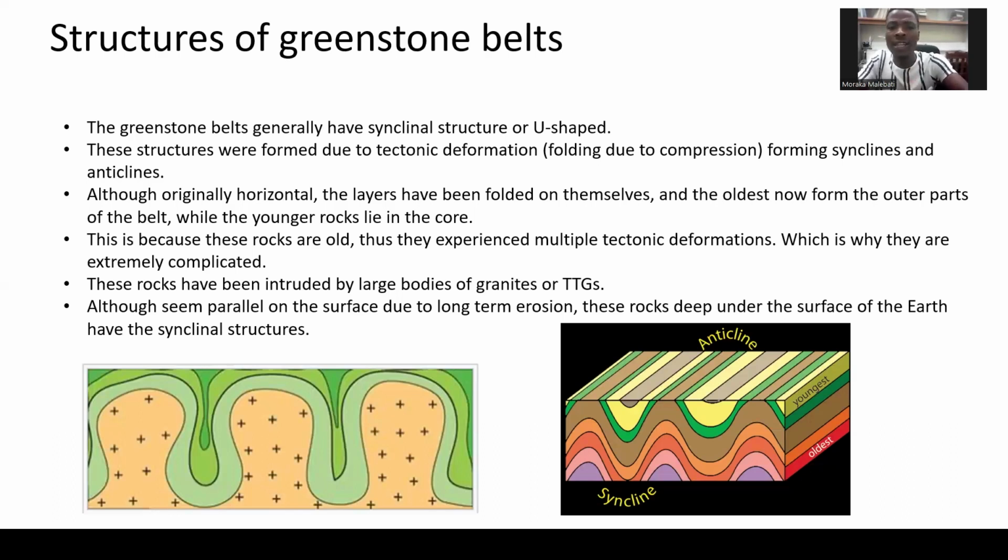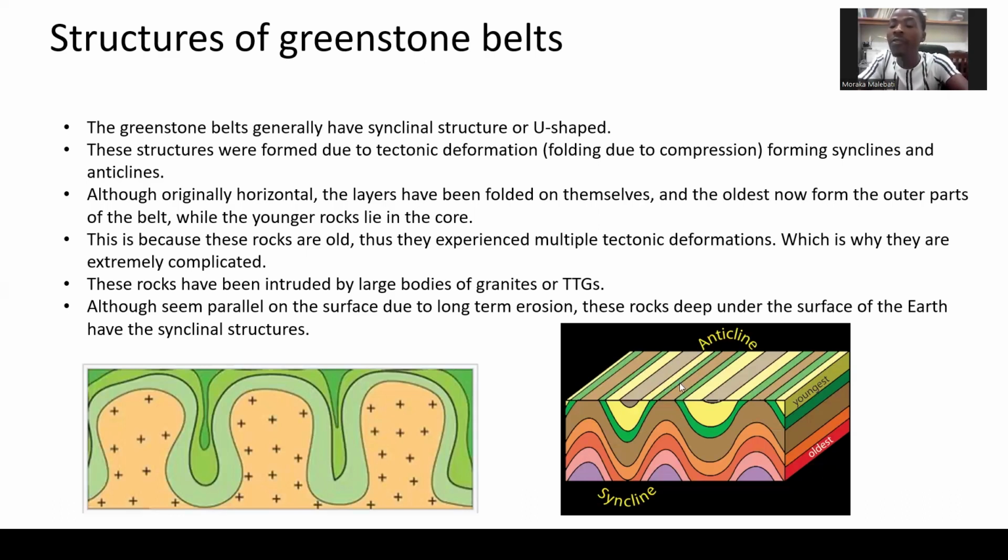So these structures were formed due to tectonic deformation. That is to say, compressional forces forming some synclines, and some anticlines, but mainly the structure of these greenstone belts are synclines.